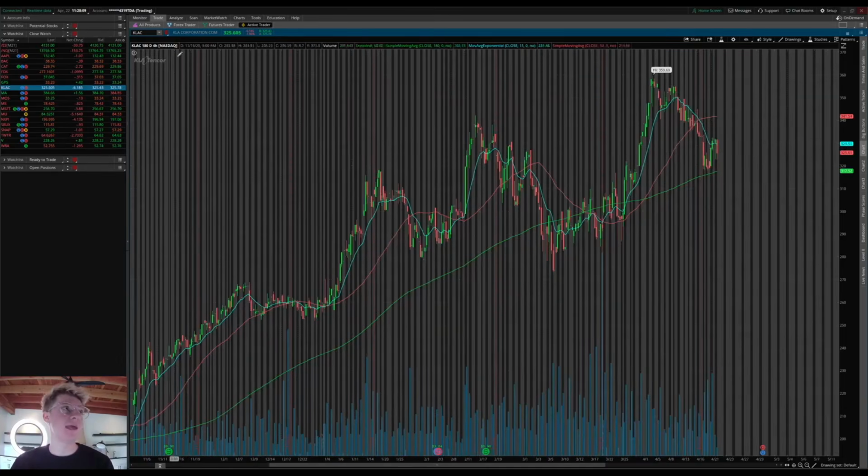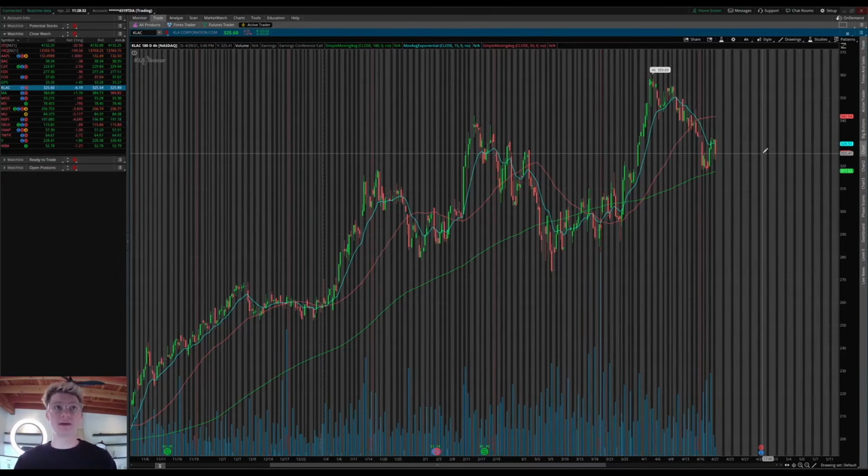Just for an example, KLAC, depending on the setup you've identified here, the overall market condition, varying chart patterns, there's multiple things to take into consideration. But just for this example, let's assume that we have a bunch of positions open. Now, where do you think those people are going to be looking to exit that position if we did start to sell off?